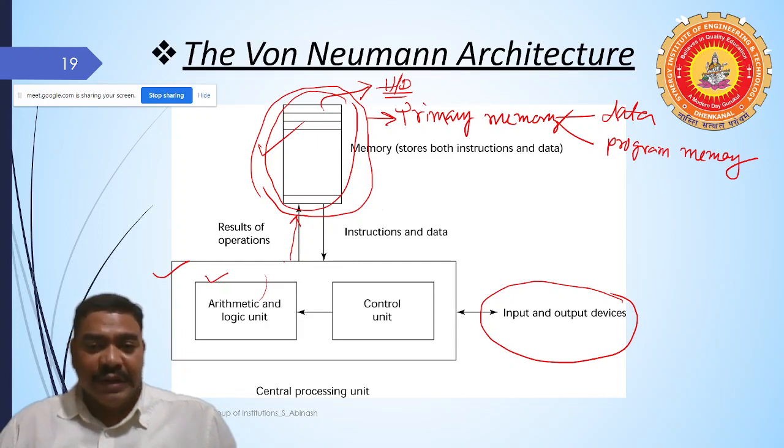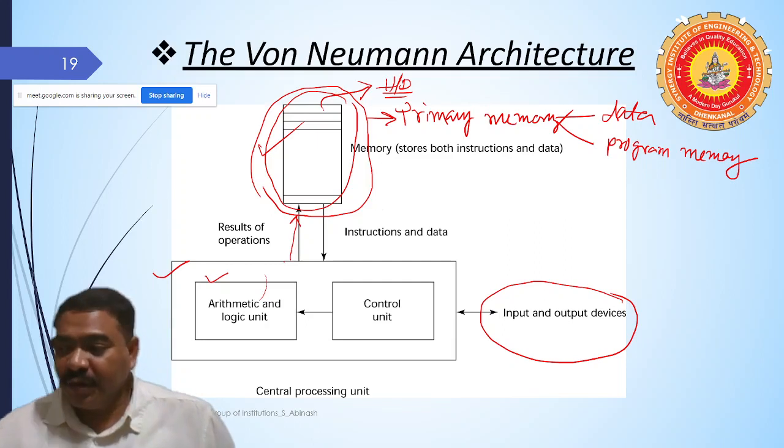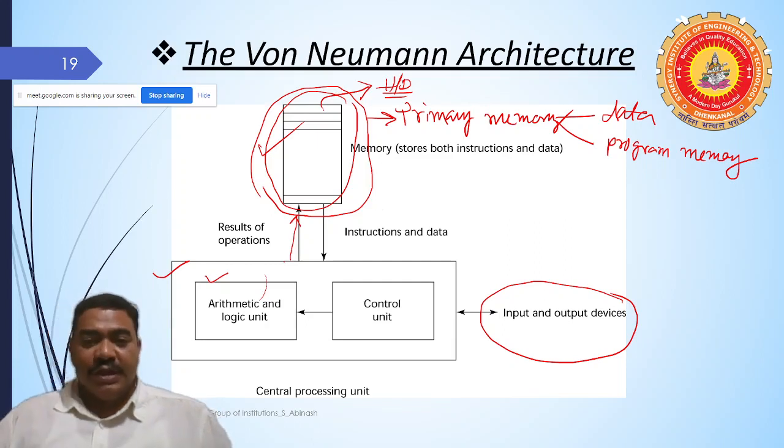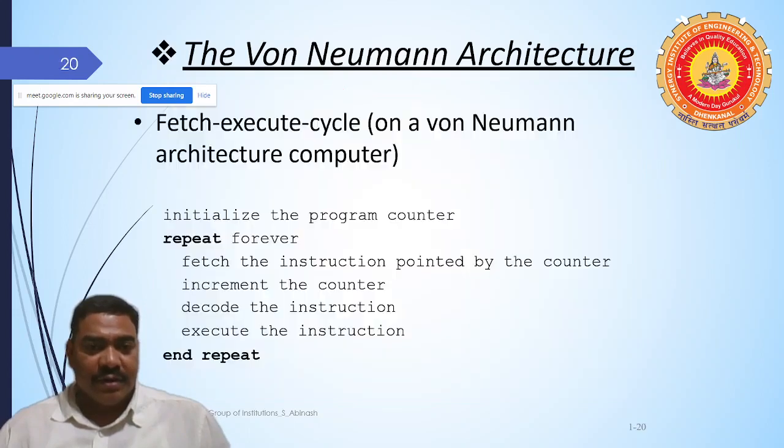The instructions and data will be fetched from the primary memory, the instructions will be executed, and the data will be processed. This process is known as the CPU fetch cycle, the fetch-execute cycle on a John von Neumann architecture computer.